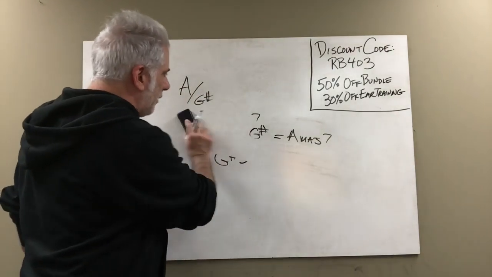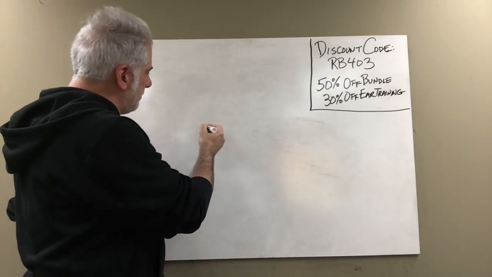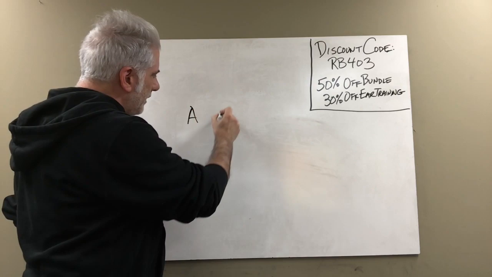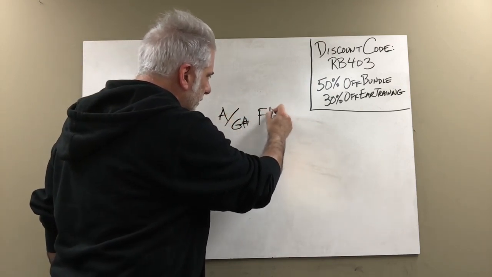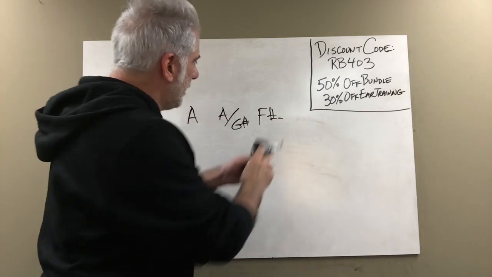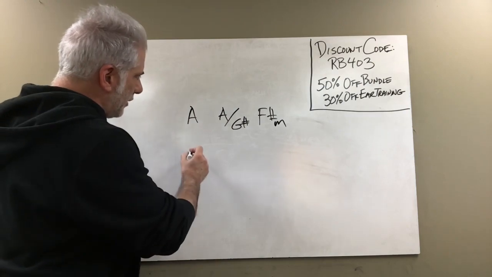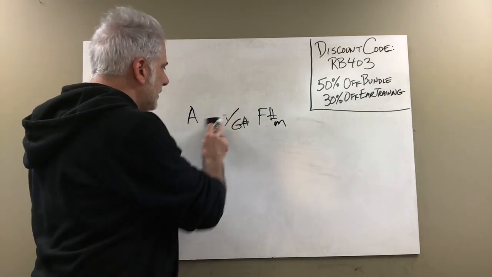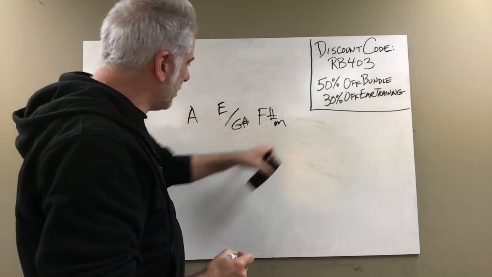What do I mean by that? Well, if I have A and then A over G sharp to F sharp minor, right? Or, I'm sorry, E over G sharp, that's the example I use. E over G sharp to F sharp minor.